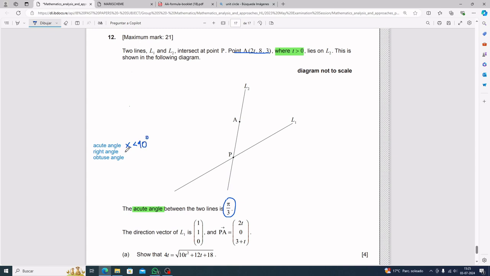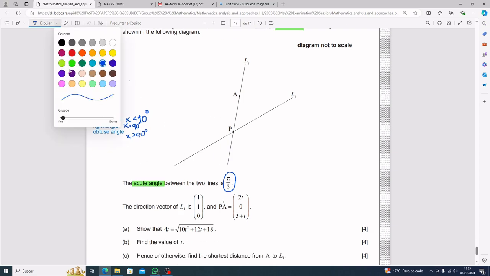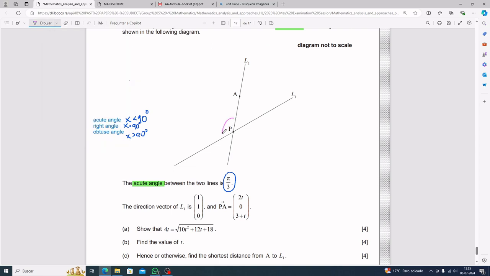The right angle is any angle that is exactly equal to 90 degrees, and the obtuse angle, you guessed it, is anything greater than 90 degrees. So if we're talking about the acute angle, instead of being the one that I'm putting in pink, it would be the one that I'm putting in red. So that angle in red would be pi divided by 3.